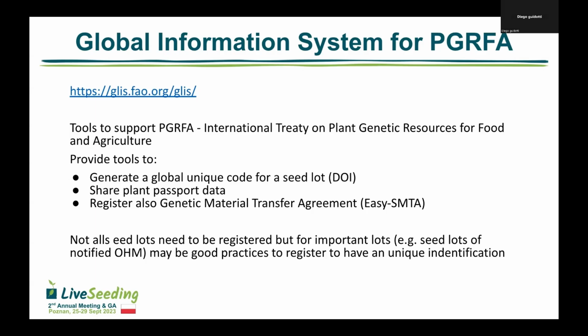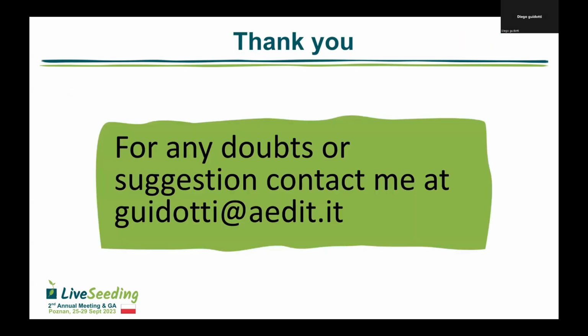Not for all seed exchange, but for major seed exchanges between different organizations, or when you notify a seed lot, it will be very important to keep track of this code and create a unique identifier, a code that is specific to that seed lot and is connected with passport data. It will be an important tool. So this is what we suggest to support the integration.